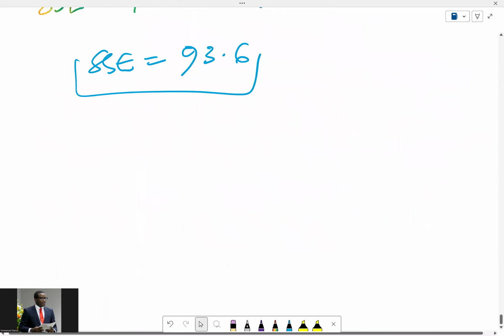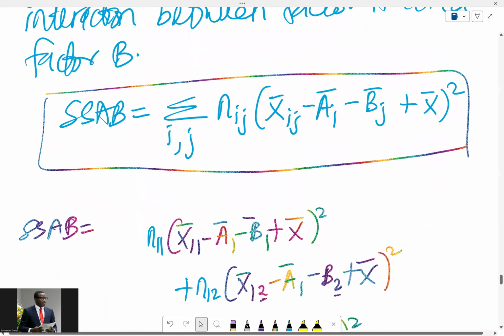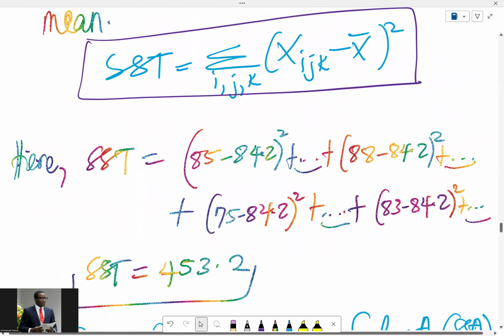So the next thing, this is like my step 5, because step 4 is what I've just completed, sum of squares.